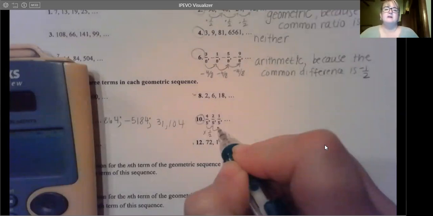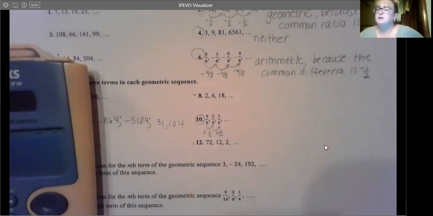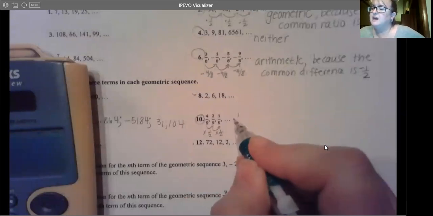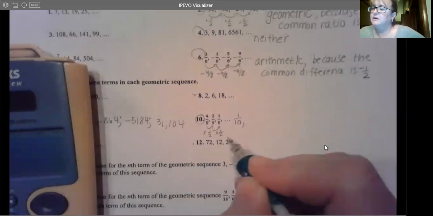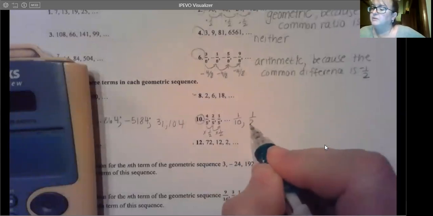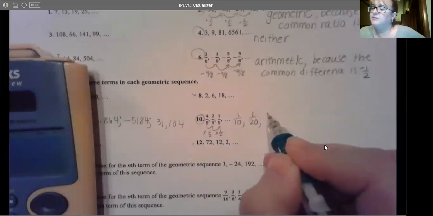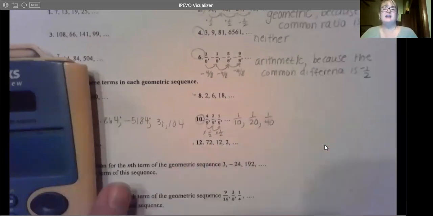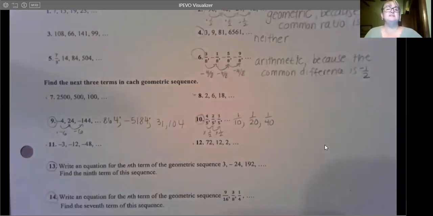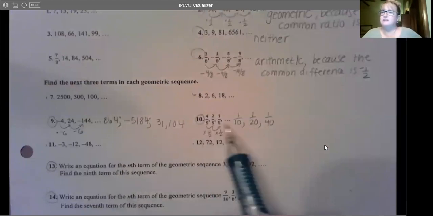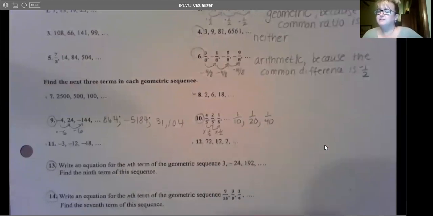All right, so I think we can do this in our heads. 1/5 times 1/2, 1/10. 1/10 times 1/2, 1/20. 1/20 times 1/2, 1/40. All right, that is what you do there. So for the rest of them, find what you're multiplying by and keep it going for 3 more terms.